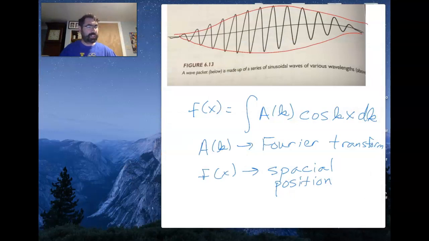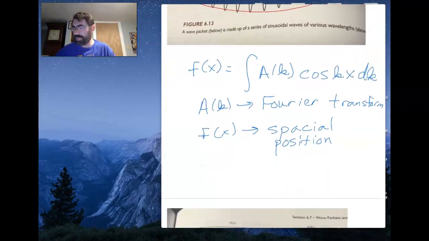And the really interesting thing is that those two things from the Fourier series play off each other. So the width of one times the width of the other is approximately 1. So if I know the width of my wave in space really, really well, so I narrow down where the position is, I lose the information in k, or I need a lot of different waves to isolate that position.